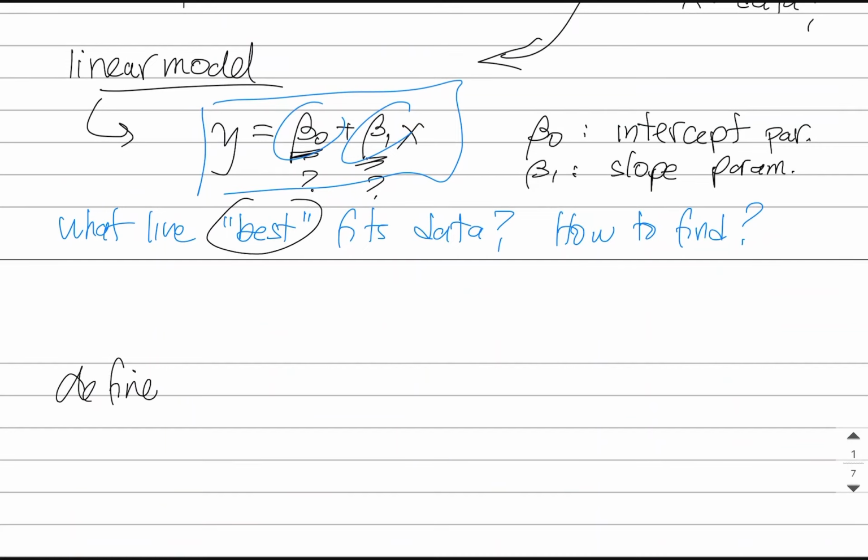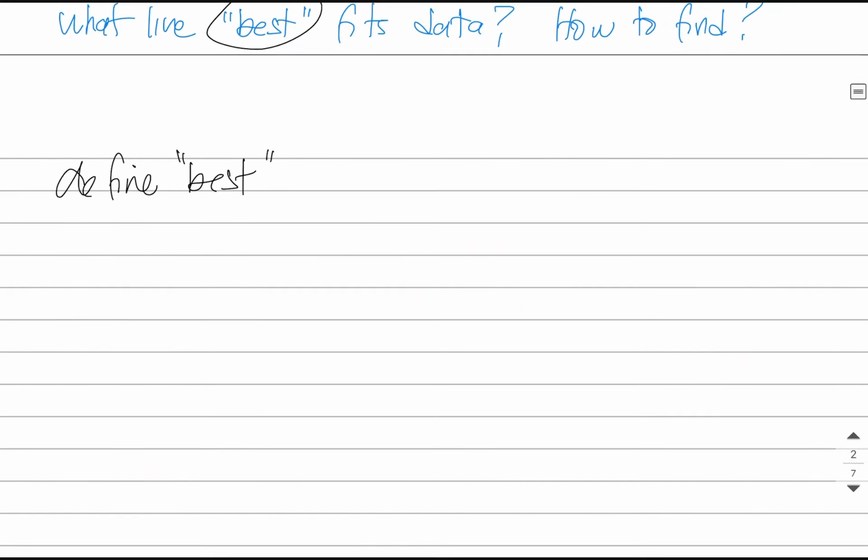Now, there are lots of different ways to define best, but one way that we're going to try to talk about is with this concept of a line in modeling and data points. So if I give you my line here, I'm going to have a data point. Now, the line that I choose may or may not actually go through that data point.